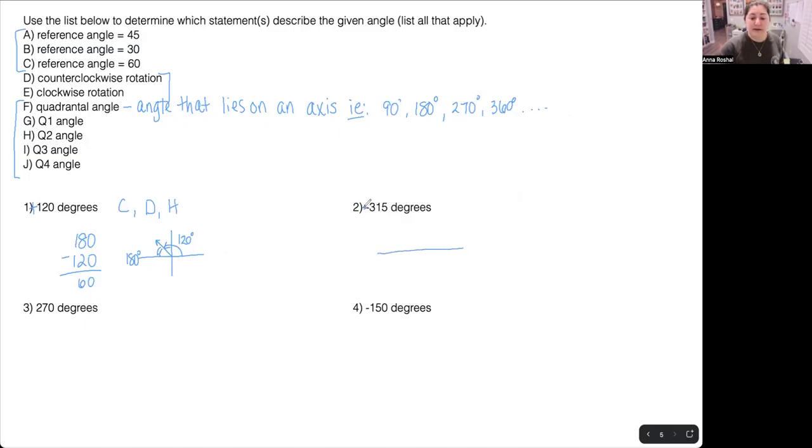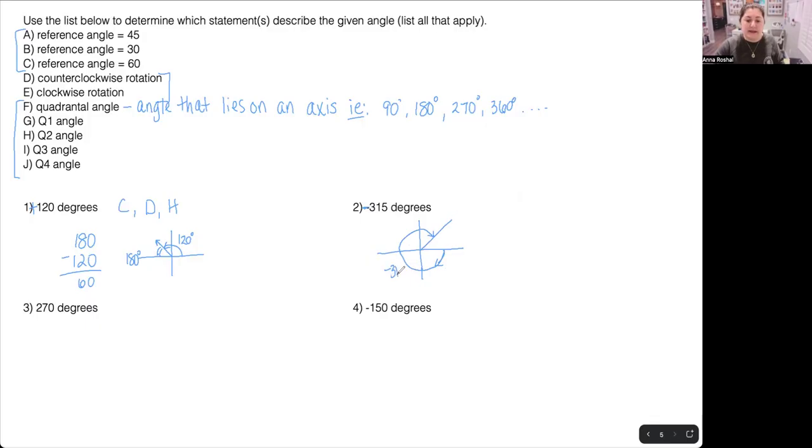Okay, 315 degrees. Now I know that this is negative, and typically with negative degrees, I'm going to go in this direction. I know this is going to give me negative 180, negative 270, and negative 315 will somehow end up here.